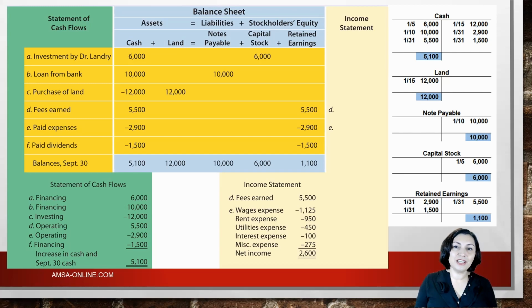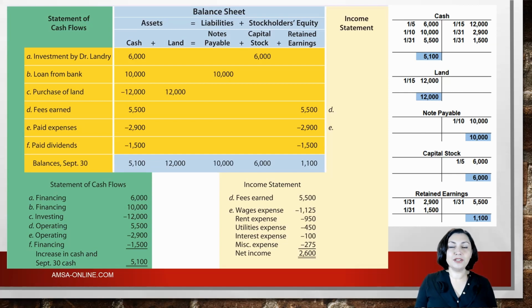The balance in the note payable is $10,000. It is shown on the right or credit side because note payable is a liability account and liabilities are increased by credit. The balance in the capital stock account is $6,000, and it is shown on the right or credit side as capital stock is an owner's equity account and it is increased by credit.